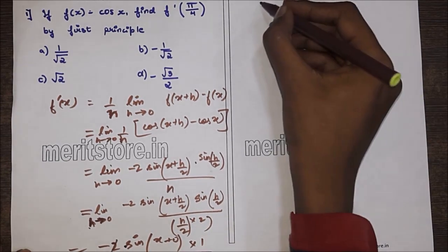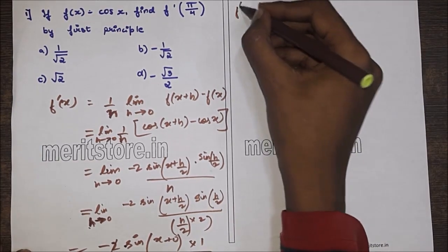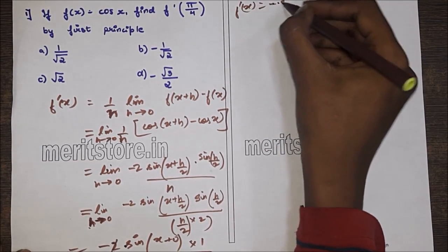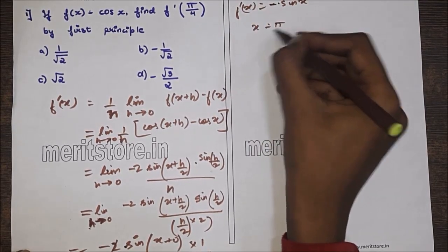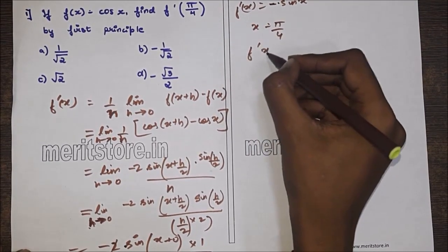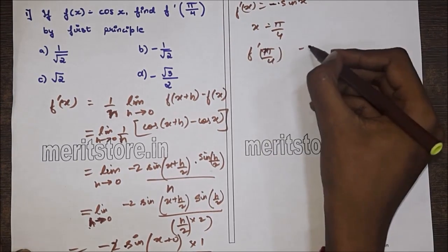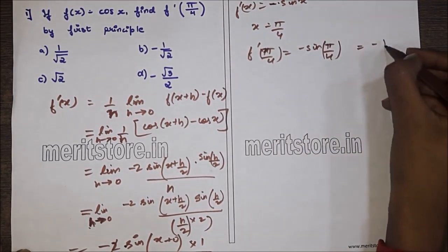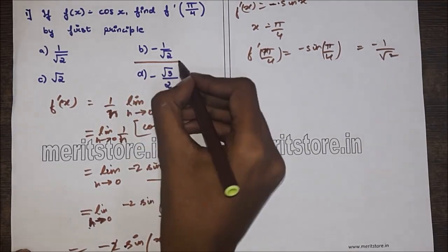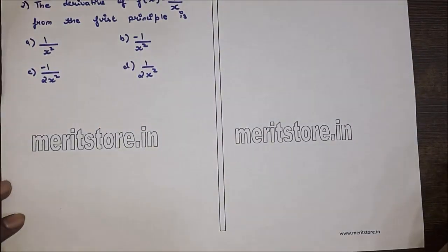The 2 gets cancelled. We are left with f dash of x is minus sine x. So x is pi by 4. So we get f dash of pi by 4 is minus sine pi by 4, which is equal to minus 1 by root 2. Answer is B, minus 1 by root 2.